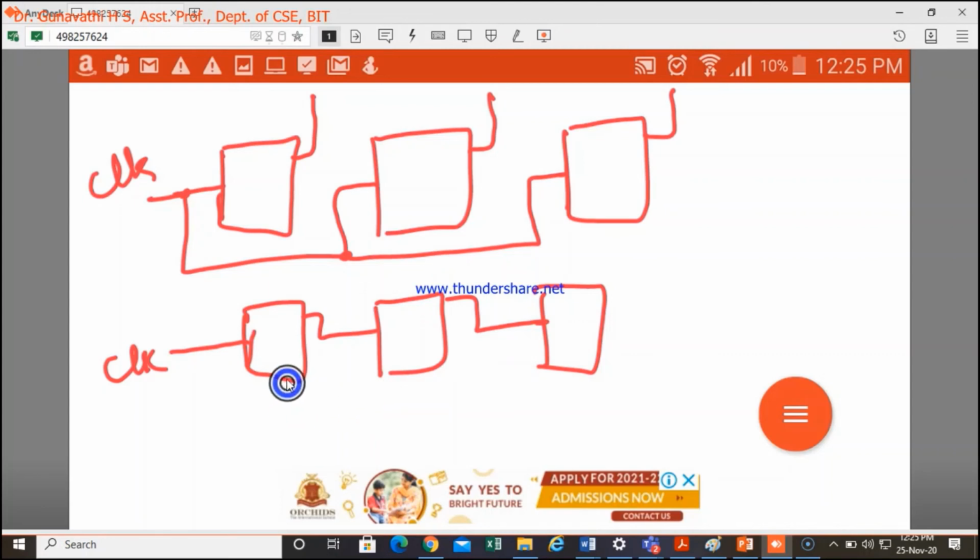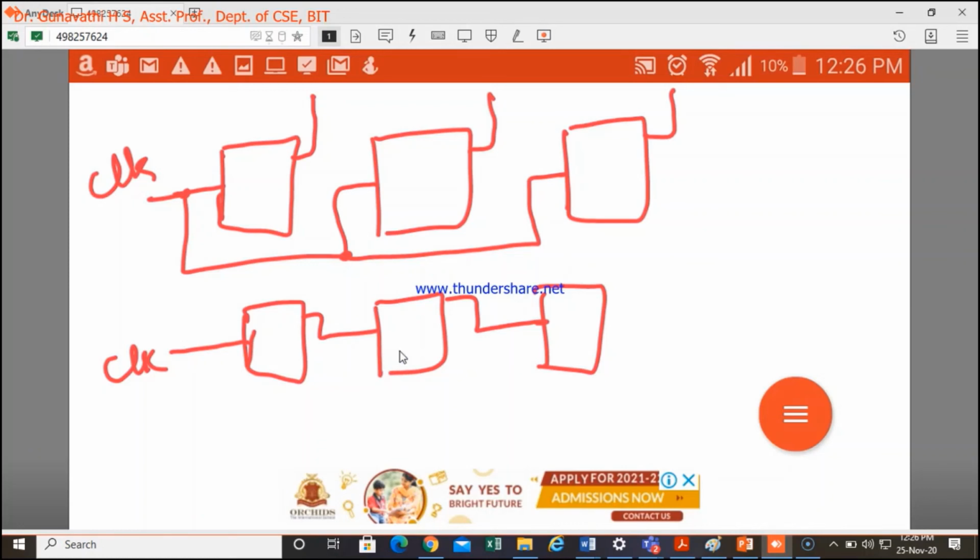With both of these we can design any counter, up counter or down counter. Even for discrete states, if I want a particular state and then the next, in synchronous I can easily design it. In asynchronous, it is a little hard to design if it is different states or a sequence that is not continuous.